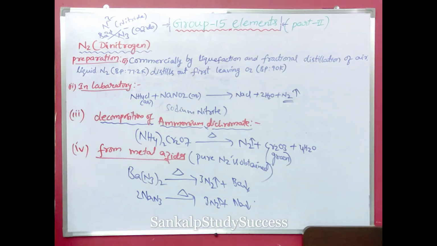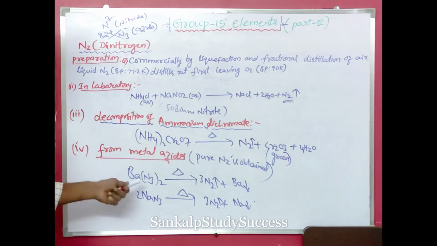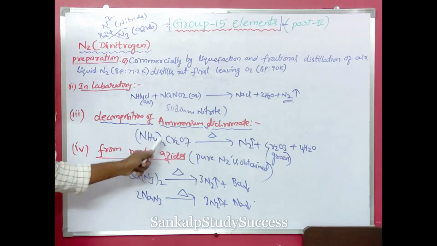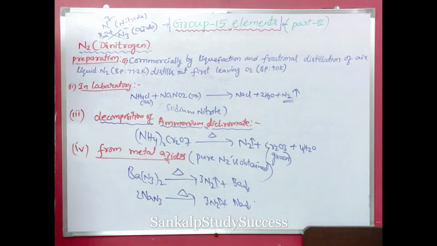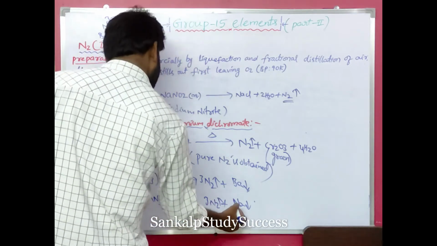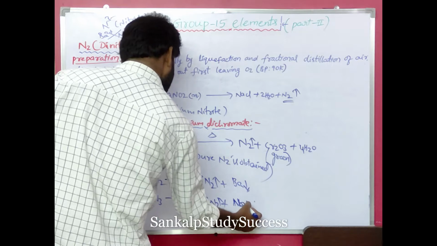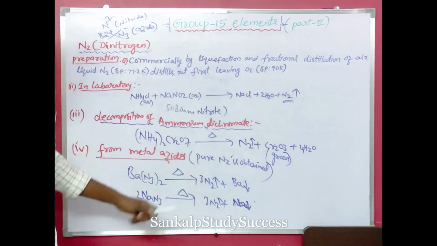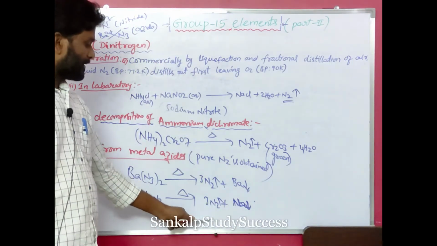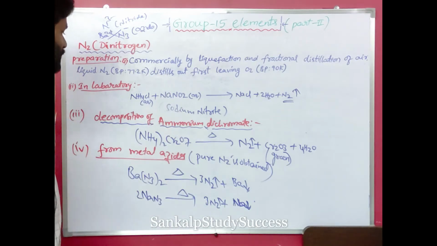Pure nitrogen is obtained by this method from metal azides like barium azide or sodium azide. The metal is deposited at the bottom of the bottle, and the gases evaporate.